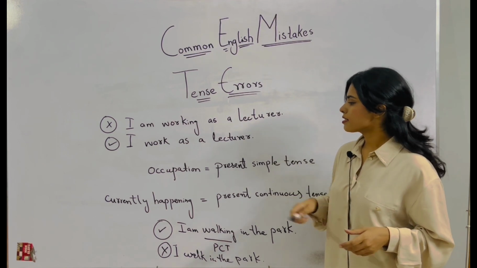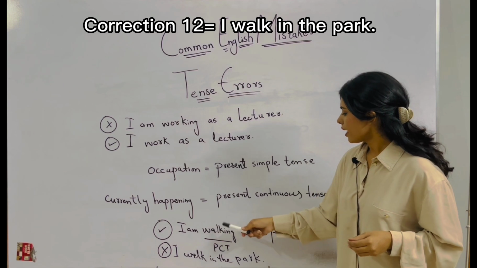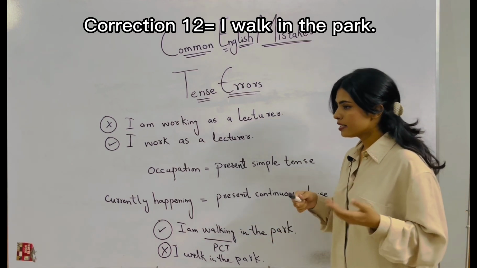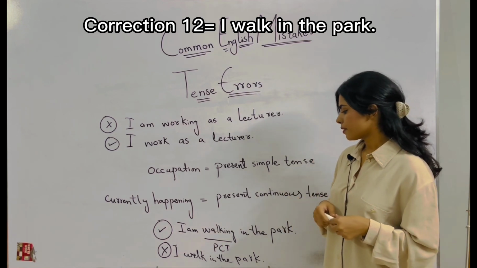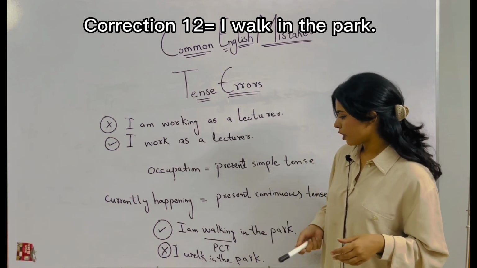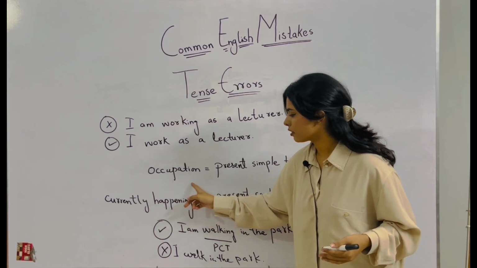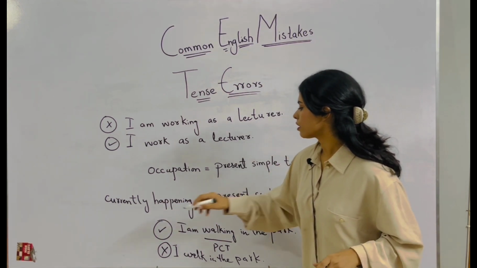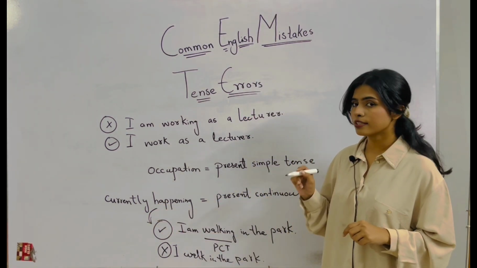Now, applying that same rule in the second correction, we have, I am walking in the park. Now that is correct because that is something that you are doing, right? But the incorrect would be, I walk in the park, because according to this, what is currently happening, I'm going to use this correction as an example of something that is currently happening.